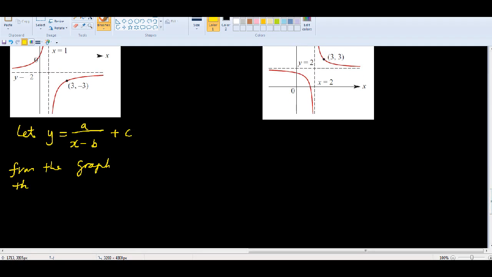Okay, the horizontal asymptote is y equals minus 2.